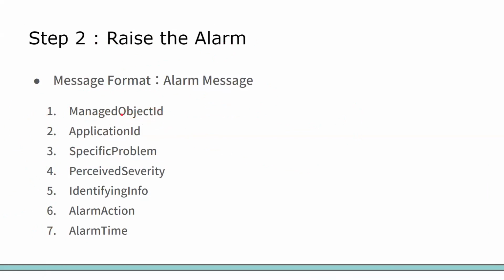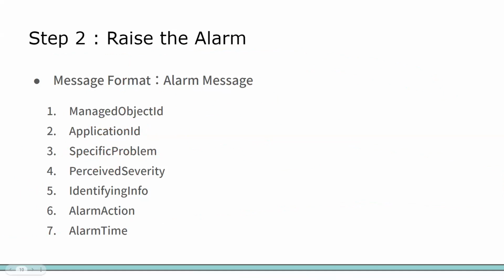The second is the application ID, the name of the process that raises the alarm. The third is the specific problem, the problem that caused the alarm.